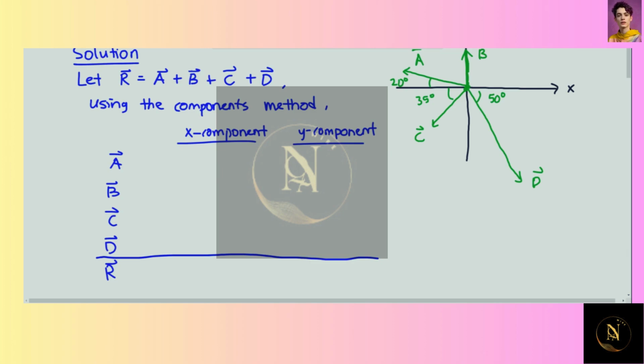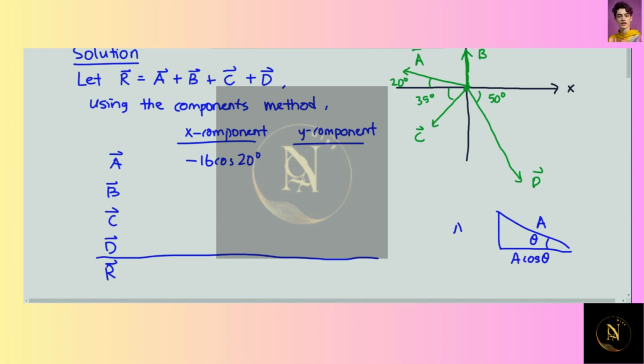So for vector A, the x component is minus 16 cosine 20 degrees. To know whether it's cosine or sine, one rule that I use is, the vector itself will always be the hypotenuse. If you want the component that is beside the angle, you do the cosine.